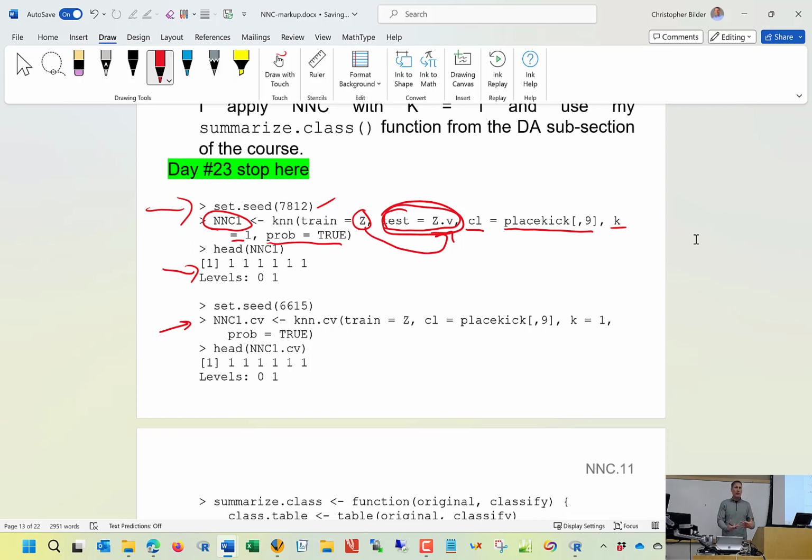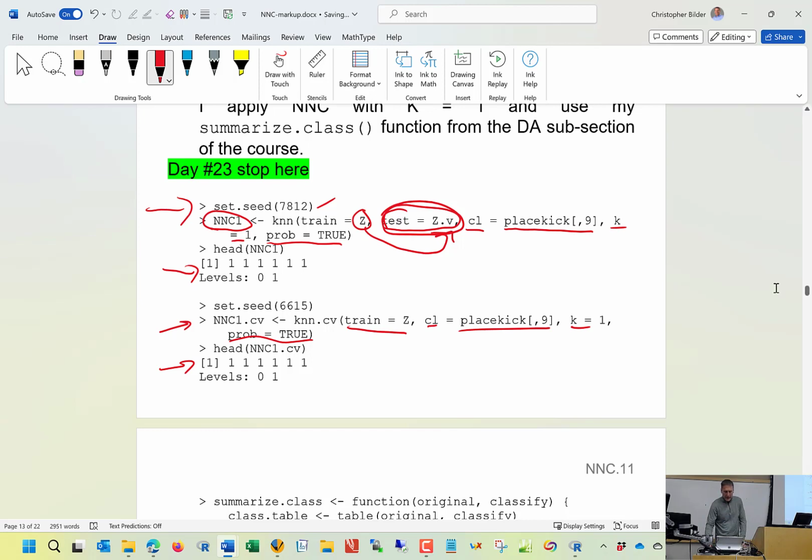Just when I do that prediction, I remove the particular observation of interest out, and then I try to find the K equal 1 nearest neighbors from that. So train equals Z, classification, place kick 9th column, K equal 1, prob equal true, and we get exactly the same, at least for the first 6 observations, exactly the same predictions for these groupings.